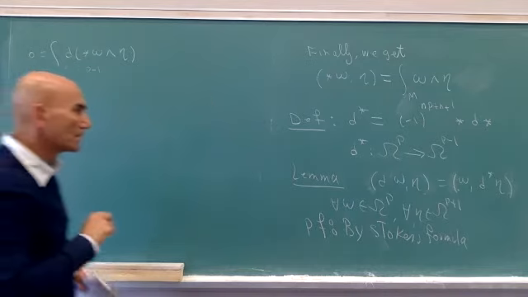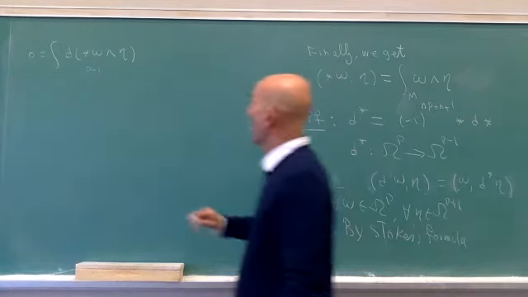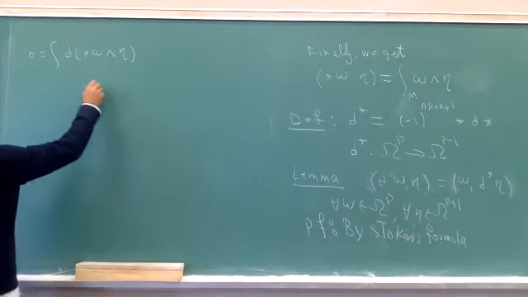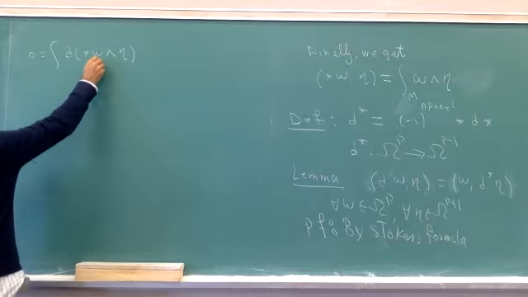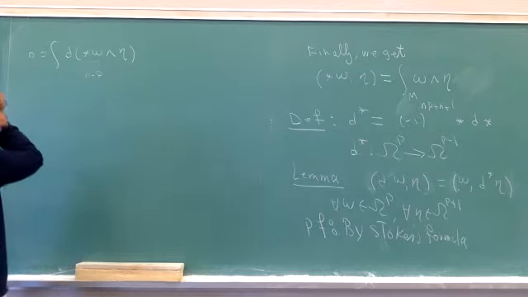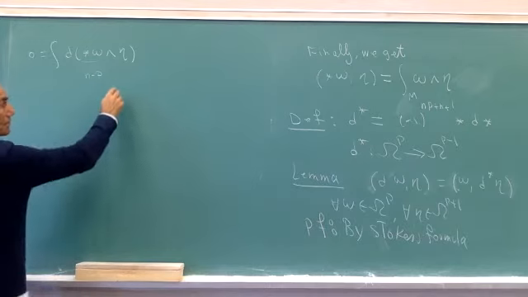Oh, wait a minute, that's not quite correct. No, that's correct. Sorry. So omega belongs to, so this belongs to n minus p, right? Eta belongs to p plus 1.